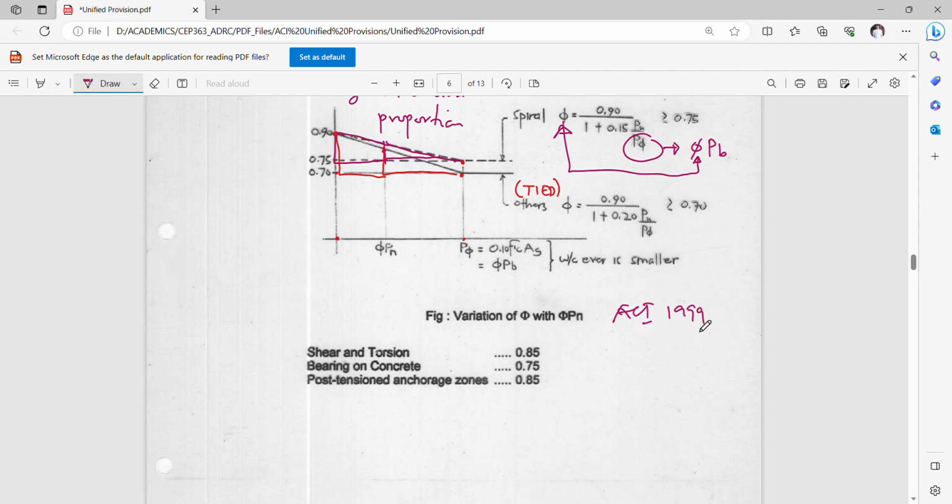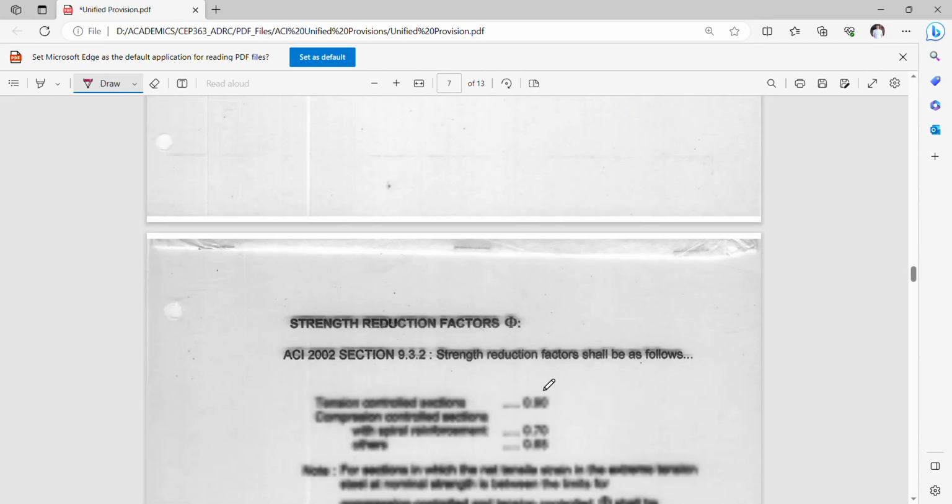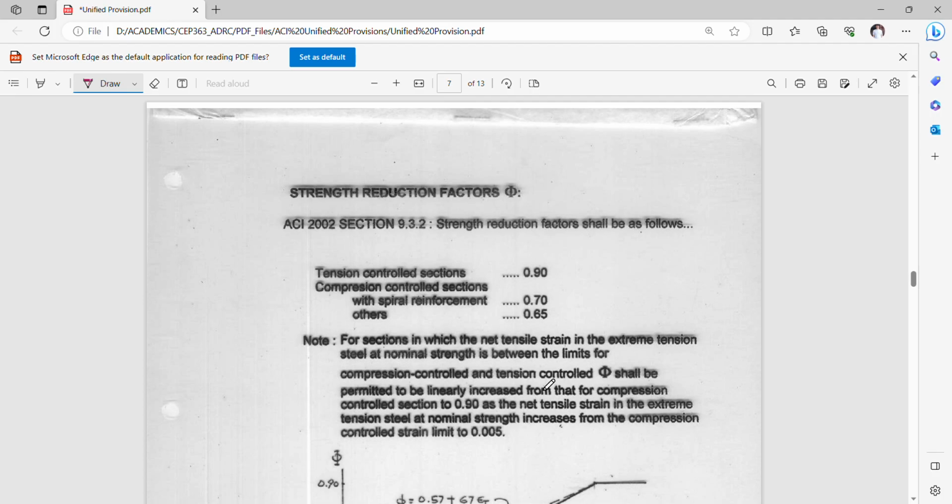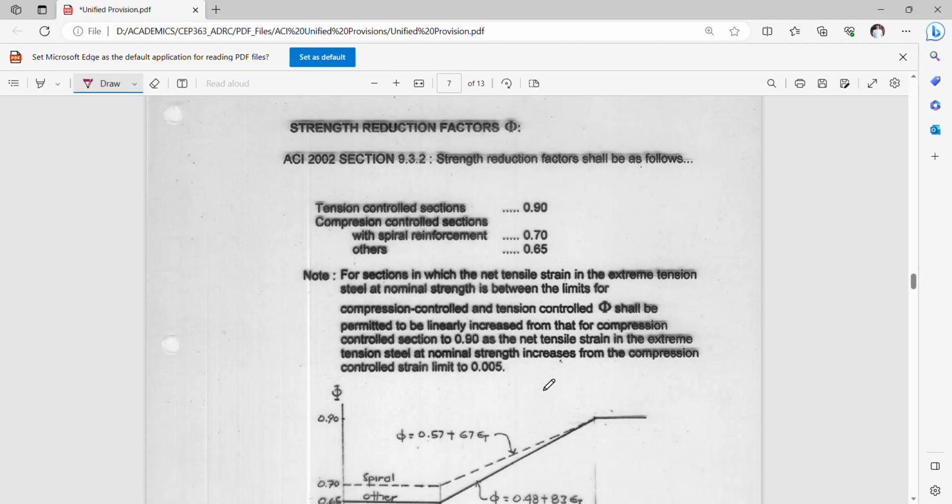Okay, the shear, torsion, bearing on concrete, and post-tension anchorages are given here in terms of the values 0.85, 0.75, and 0.85 respectively. So for ACI 2002, a slight difference was made on the column.